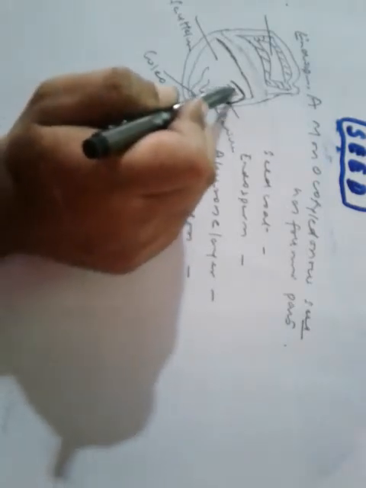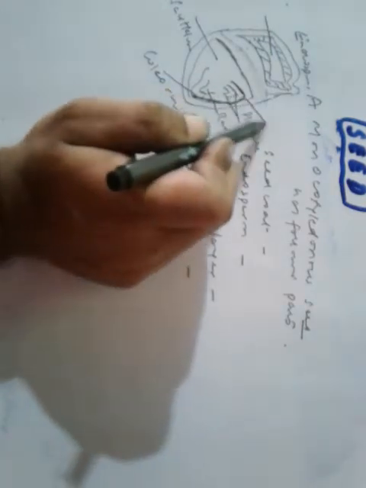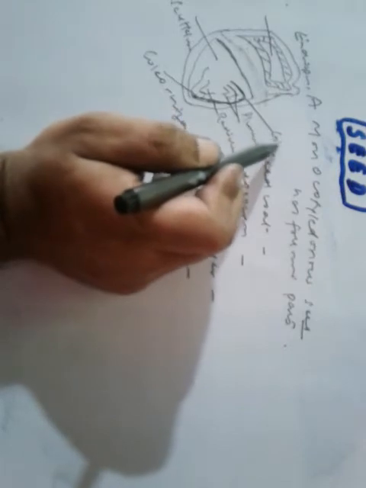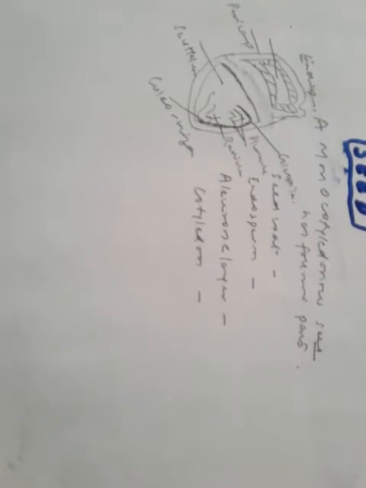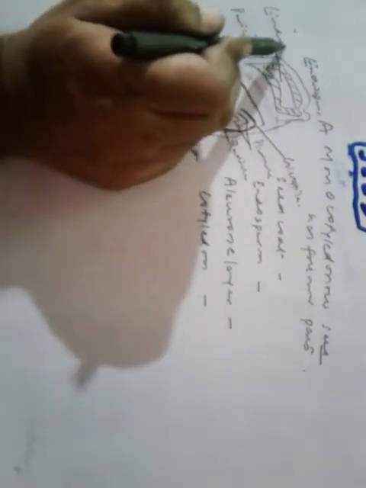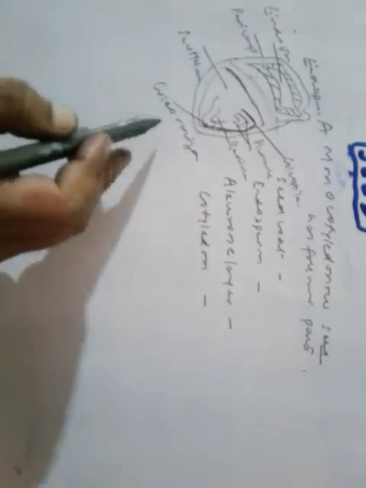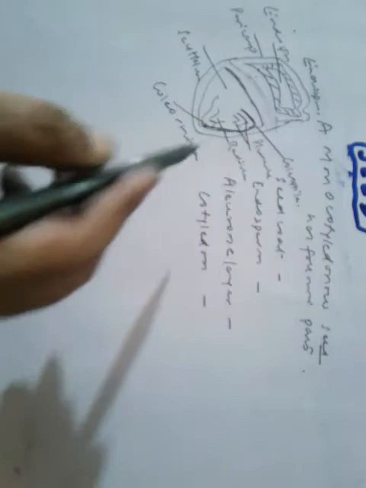These are plumules here, and this is coleoptile. This one is pericarp. And here we have the endosperm. So endosperm, pericarp, scutellum, coleorhiza, radicle, plumule, coleoptile.